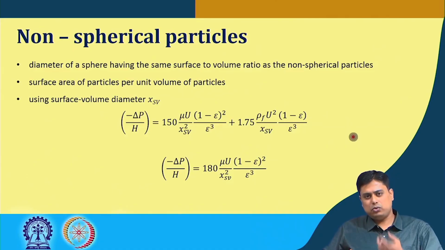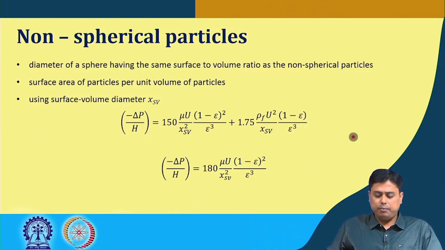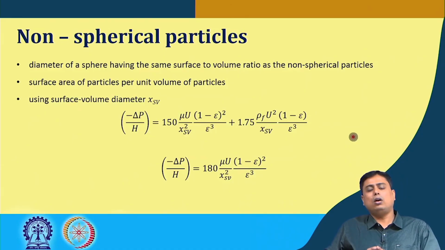Now, what does this suitable or appropriate term mean? This appropriate one would be the diameter of a sphere having the same surface to volume ratio, because if you remember the development of the Kozeny-Carman equation, this is what was more important: the SV term, where we converted the SB, which was the surface area per unit volume of the bed, to the SV term, which was the surface area per unit volume of the particles.